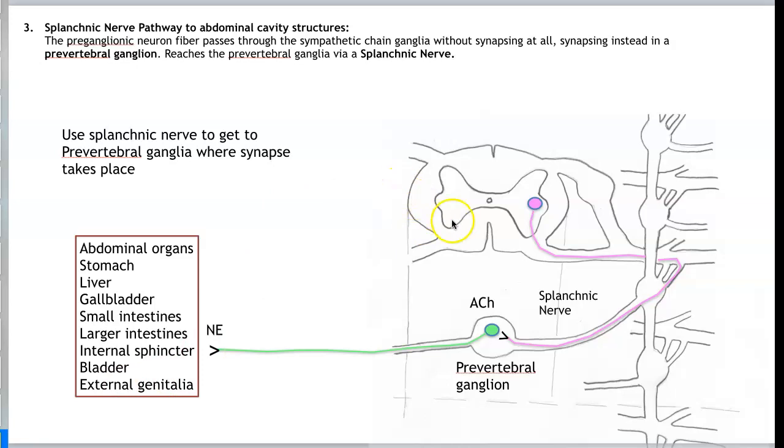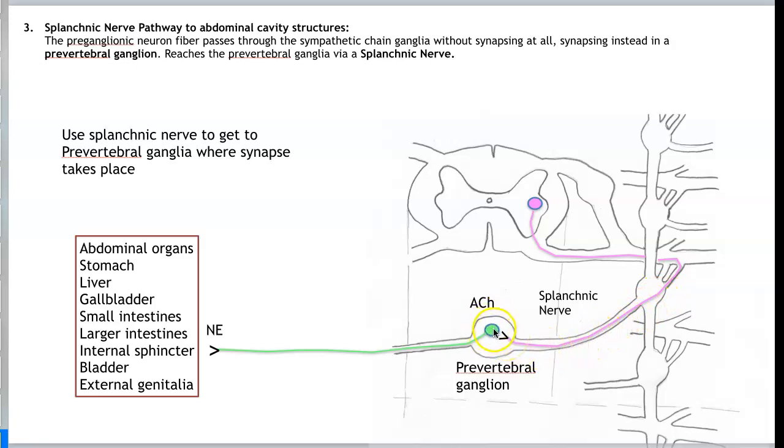So, to get to any abdominal organs, you are going to enter through the white ramus, pass through the sympathetic chain ganglia, take the splanchnic nerve, which is going to take you to the prevertebral ganglia. Then you're going to synapse. Remember, all this is myelinated.